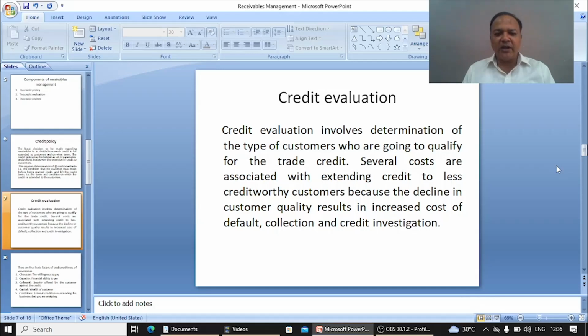It's not easy to collect the fund from a less creditworthy customer. And we also have to incur more cost on credit investigation, because if the customer is highly creditworthy, then the spending on credit investigation is less. But if the customer is less creditworthy, then we have to spend more time and more resources on credit investigation.